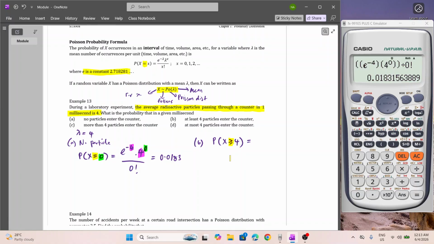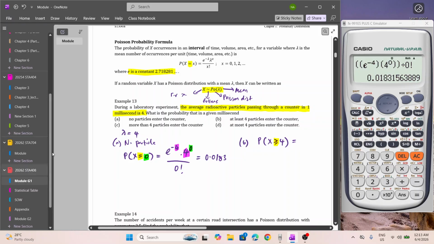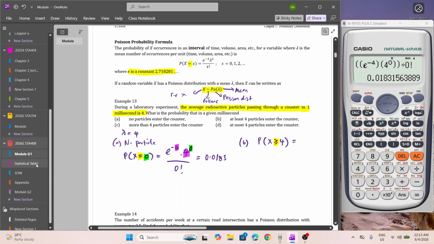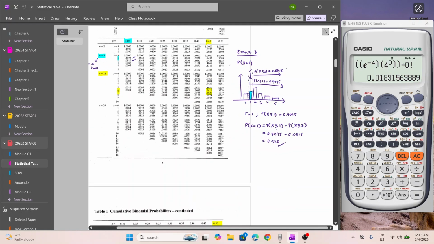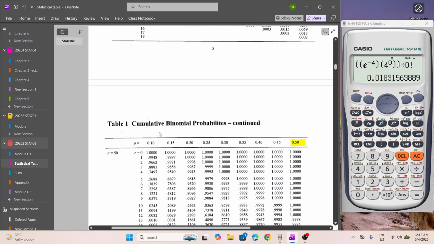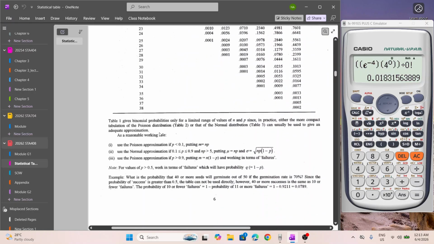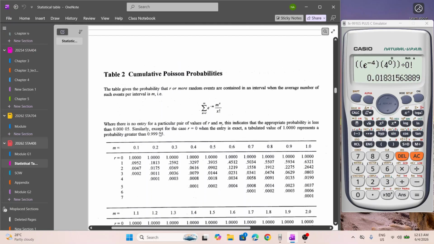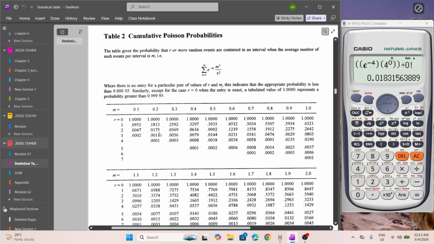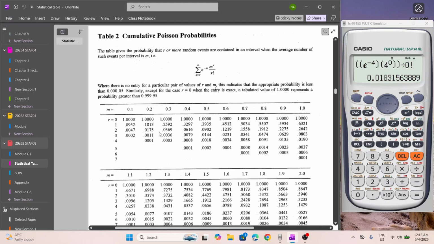Now let's go to the statistical table, and you need to find the cumulative Poisson distribution. It should be after the cumulative binomial distribution. This is the cumulative Poisson distribution, and you first have to find the m.